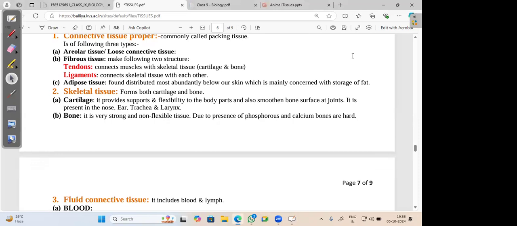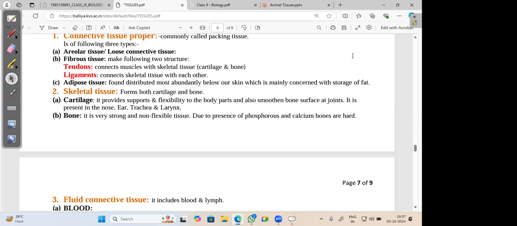It's the cartilage and the bone which are formed. So cartilage, if you see your ear, the pinna of your ear, is it a bone or a muscle? Can you think? The pinna of your ear. Your nose. Okay.